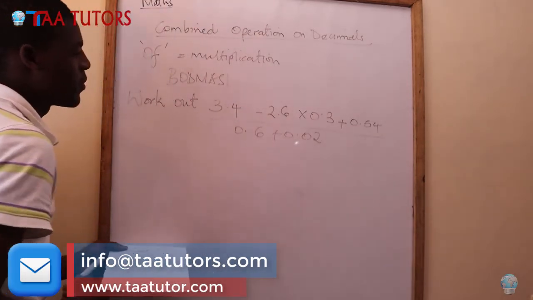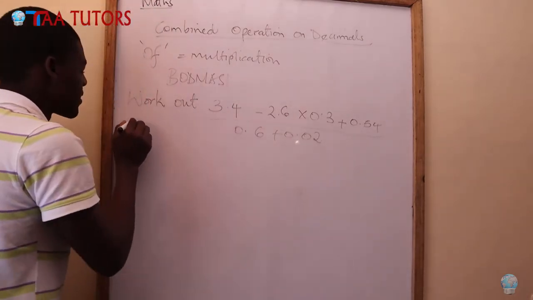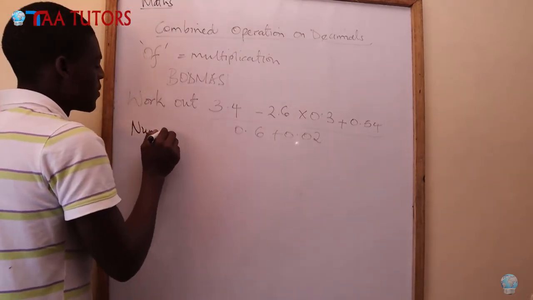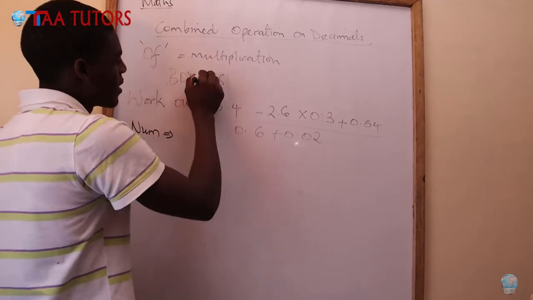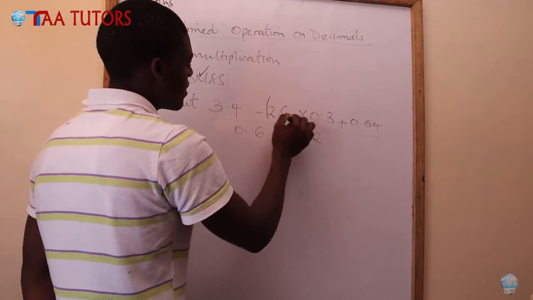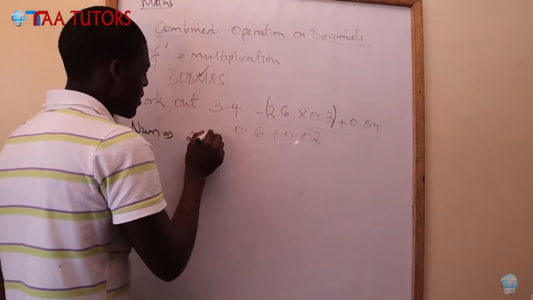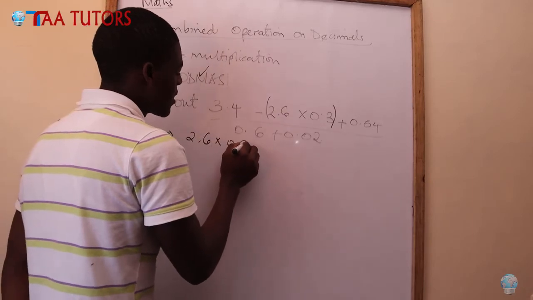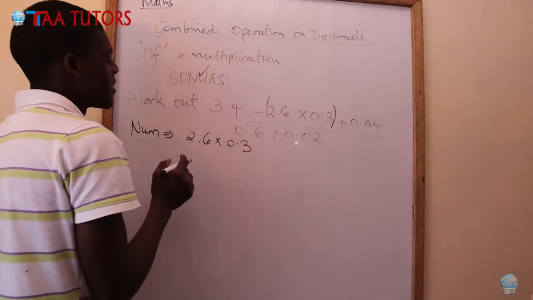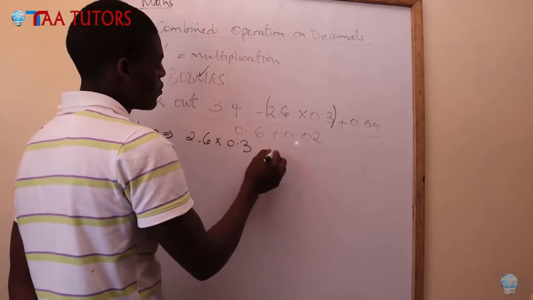Now, following BODMAS, we know that the first operation on the numerator will be multiplication, because in this numerator we have multiplication. So we will have 2.6 times 0.3. And we had said earlier that in multiplication we count the number of decimal places. That will be 2.